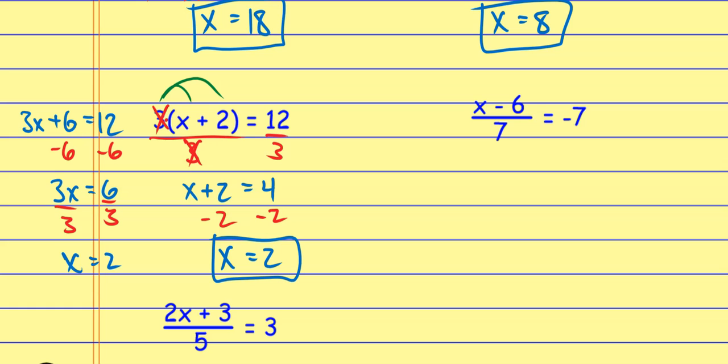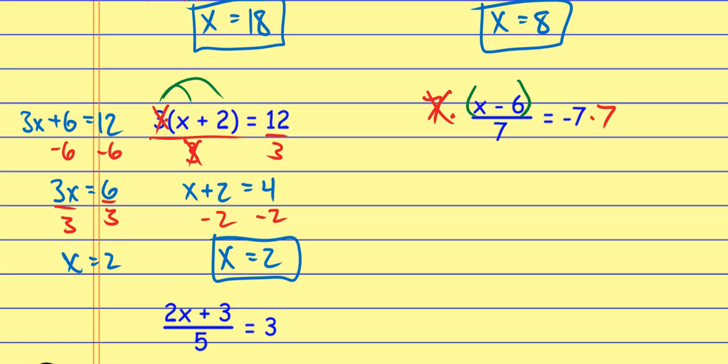Okay? If I look at the next one, again, there's invisible parentheses here. It's x minus 6 divided by 7. So that whole thing, this entire numerator, this whole thing is divided by 7. All right, so that's in parentheses, so I have to undo the division first. Then I'll undo what's in the parentheses. So I undo dividing by 7 by multiplying by 7. I undo division with multiplication.